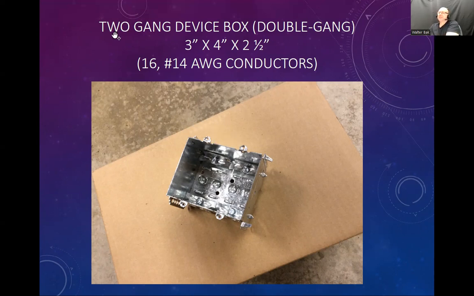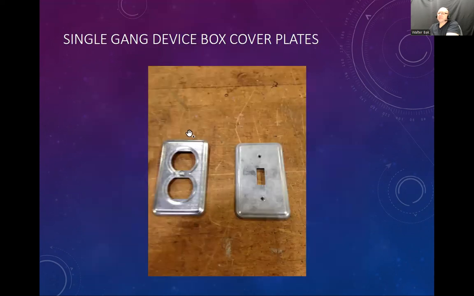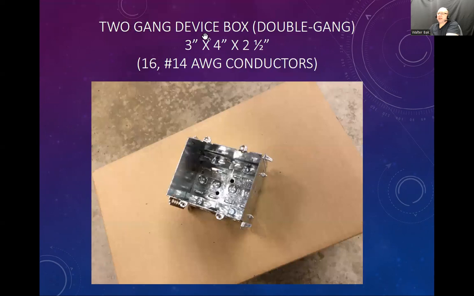Sorry. All right. The first one was the single gang. Remember, when you put two together, it's a double gang. 2 gang device box, double gang. You see, here's 3 inches. That doesn't change. But now, instead of 2 inches, we put them together and we have 4 inches.